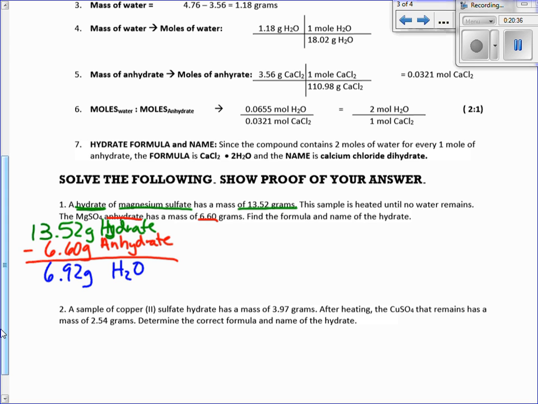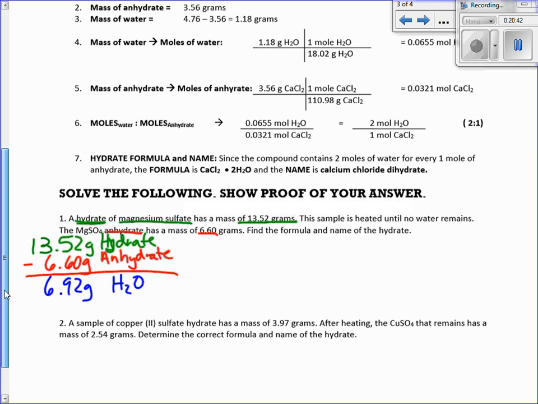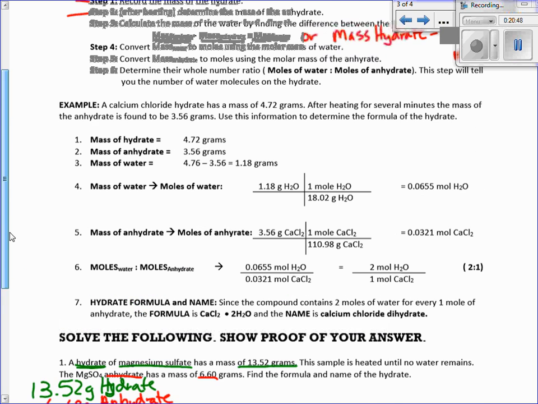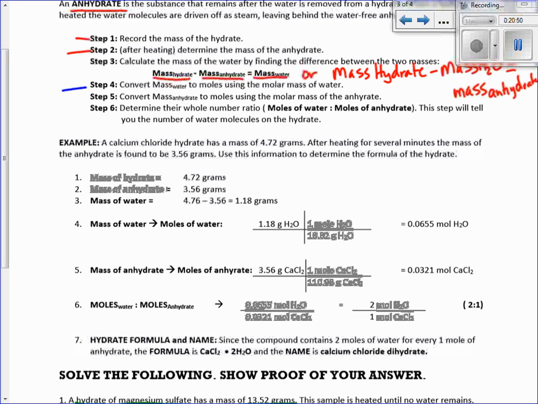Okay, and the next step, after we've done that, we figured out the water's mass. We need that part right there. We go back up to our steps. Step 4 tells me I need to convert masses of water to moles, and I'm going to convert the mass of the hydrate to moles as well.